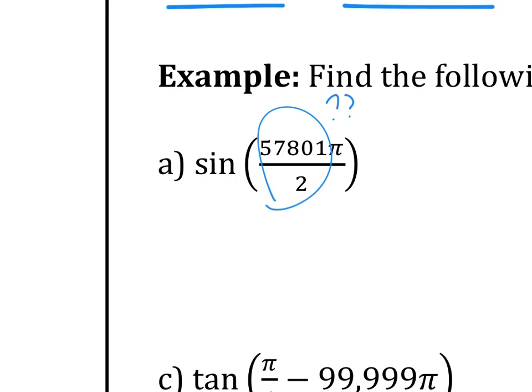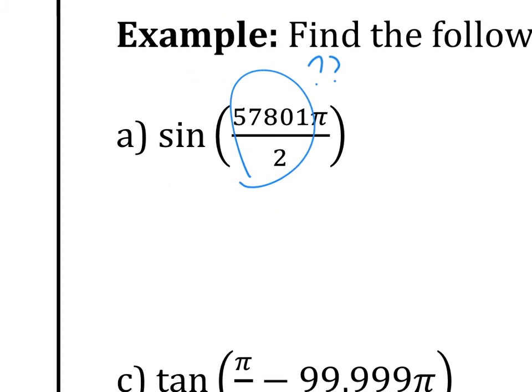Yes, it does have something to do with pi over 2. So we can take out the pi over 2 from it. So we can say this is 57800 pi over 2 plus pi over 2. So I took out a 1 over 2.